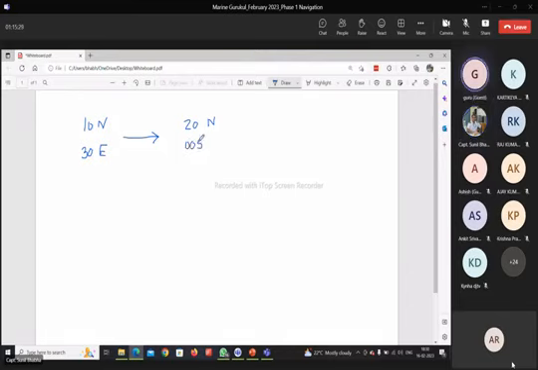Sir, can you please share the slide, sir? Beta, can you see my screen? Now we can see. Right. So let us assume that our starting position is 10 north and 30 east, and our destination position is 20 north and 5 east.